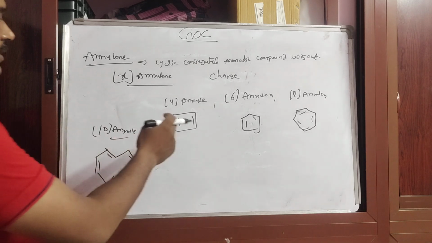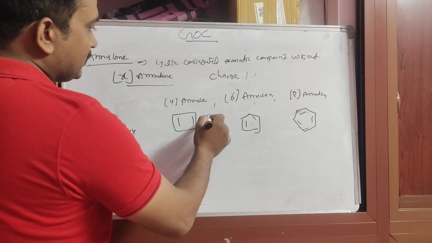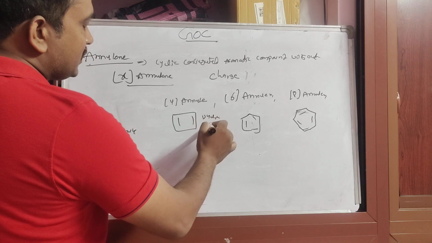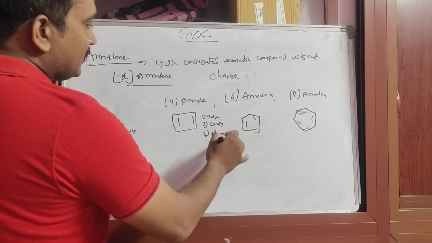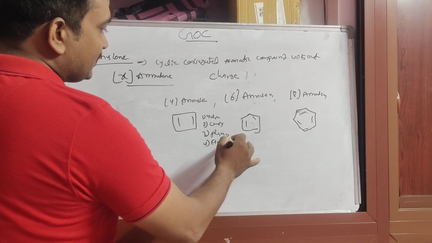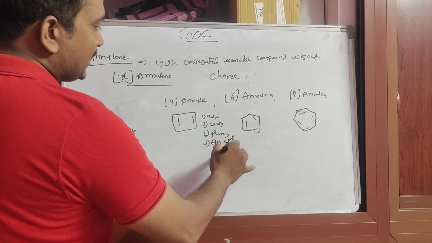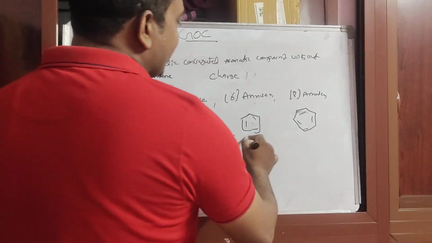If you take 4 annulene, is it aromatic or anti-aromatic? Yes, the first condition, cyclic, is satisfied. Second is conjugation, yes, and it is planar. The fourth is 4n+2 pi electrons. This rule is not satisfied, only the 4n pi electrons rule is satisfied. That's why this is anti-aromatic. You know this is aromatic.